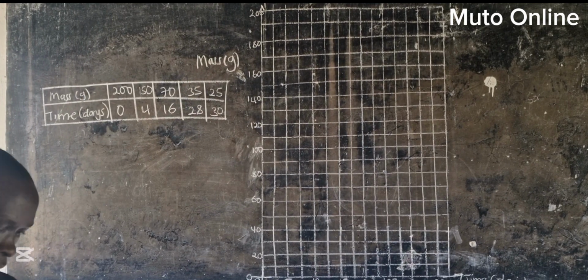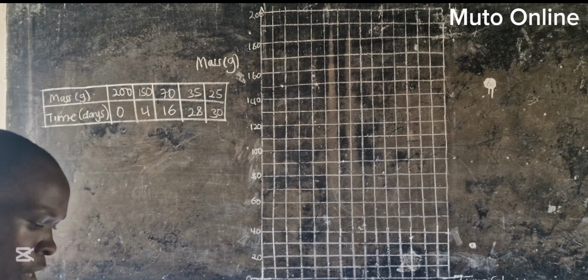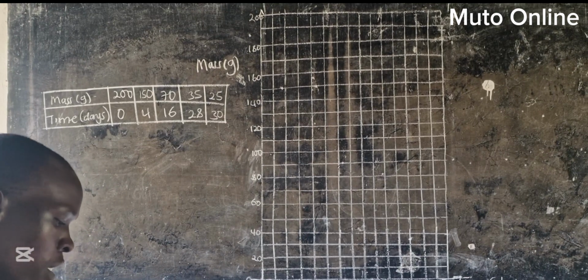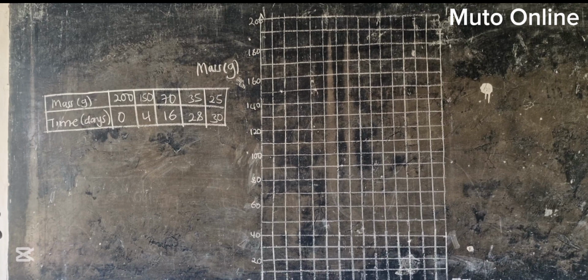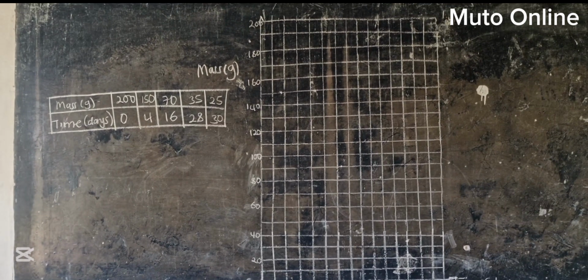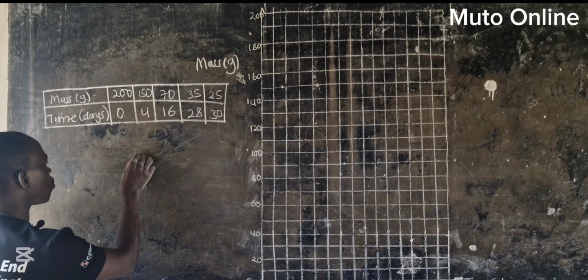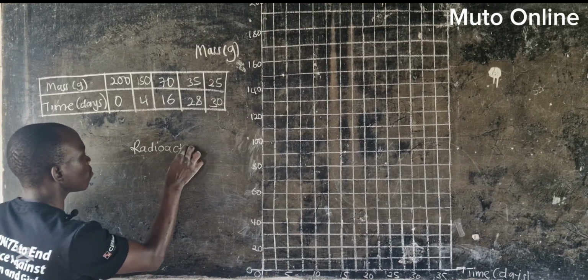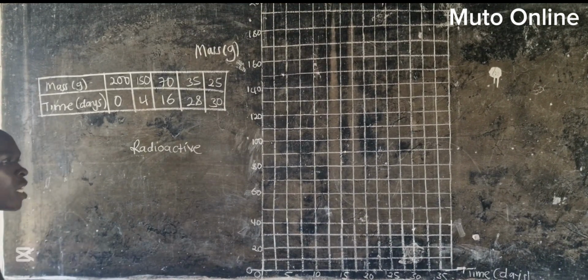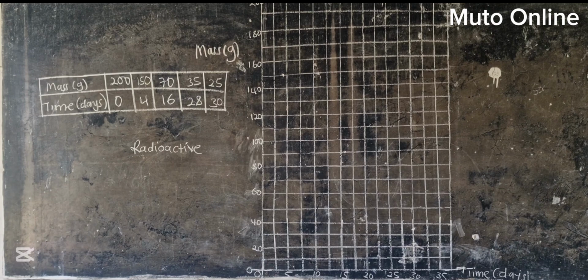Now, as a physics learner, we have the following tasks. 1, support the view that the mineral is radioactive. So they want us to give proof whether this mineral is radioactive or not. There is that view or proposal that the mineral was probably radioactive.